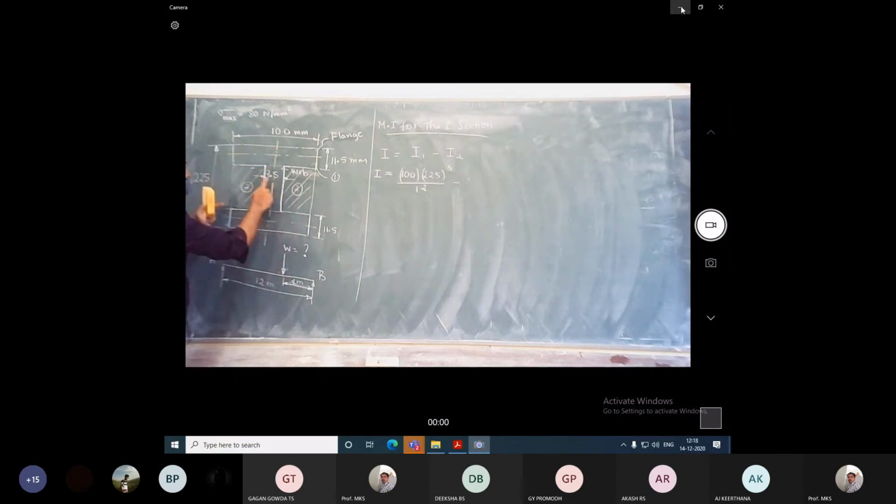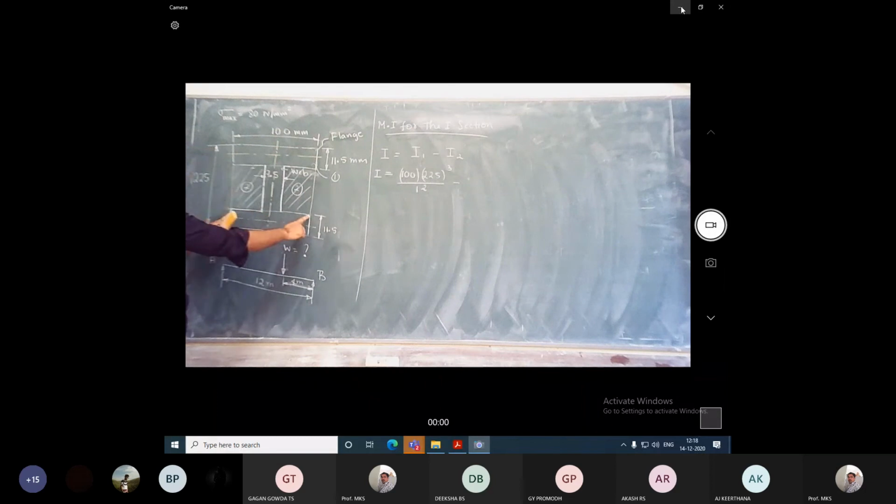If I neglect the web and find the moment of inertia only for the hatched portion, the width is 100 minus 7.5. The depth will be 225 minus 11.5 minus 11.5.